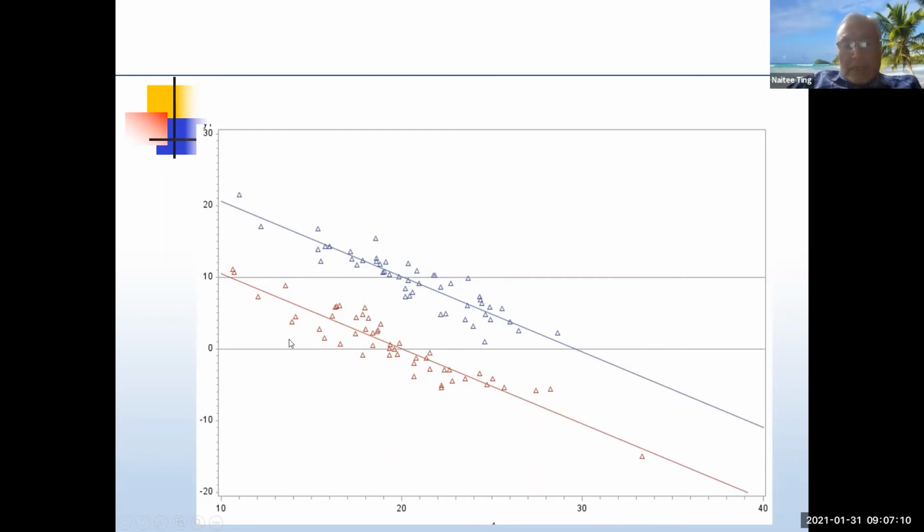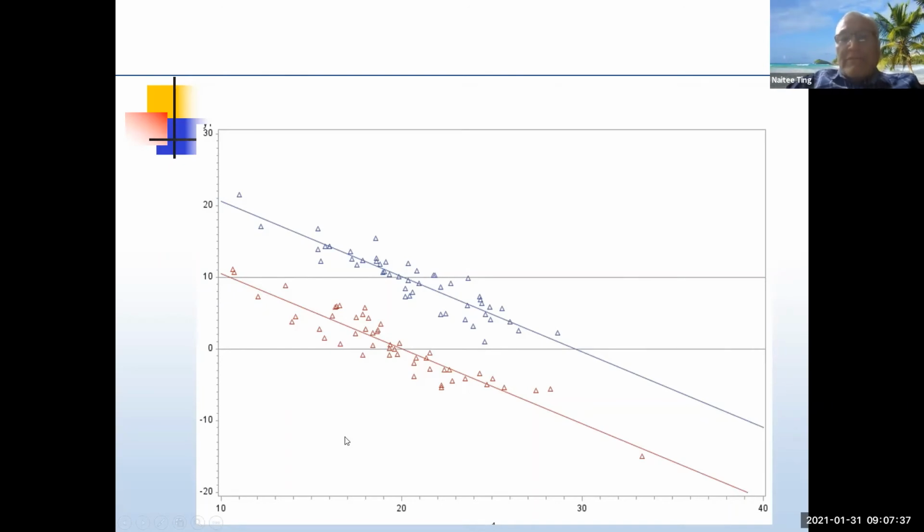This group of data will have a mean 0, and this group will have a mean 10. So the treatment benefit is about 10 units: by taking the test drug, you're lowering blood pressure by about 10 millimeters of mercury more than taking placebo. That is when I did not include baseline in the model.